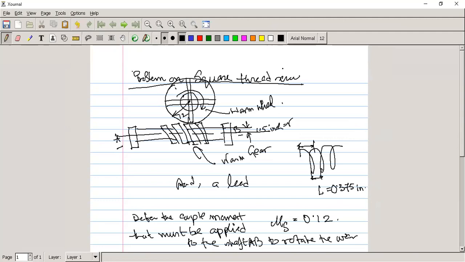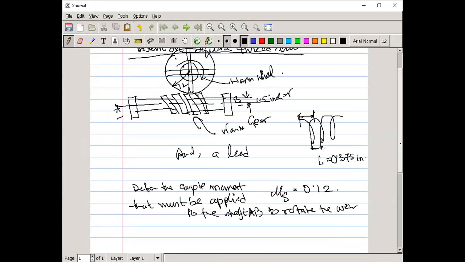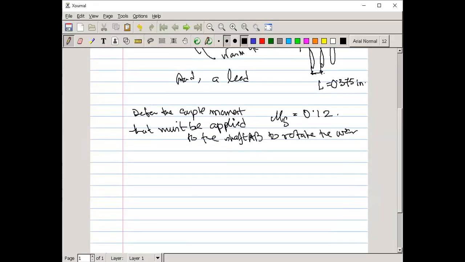How will it come? So the worm will rotate in counter clockwise direction, okay.